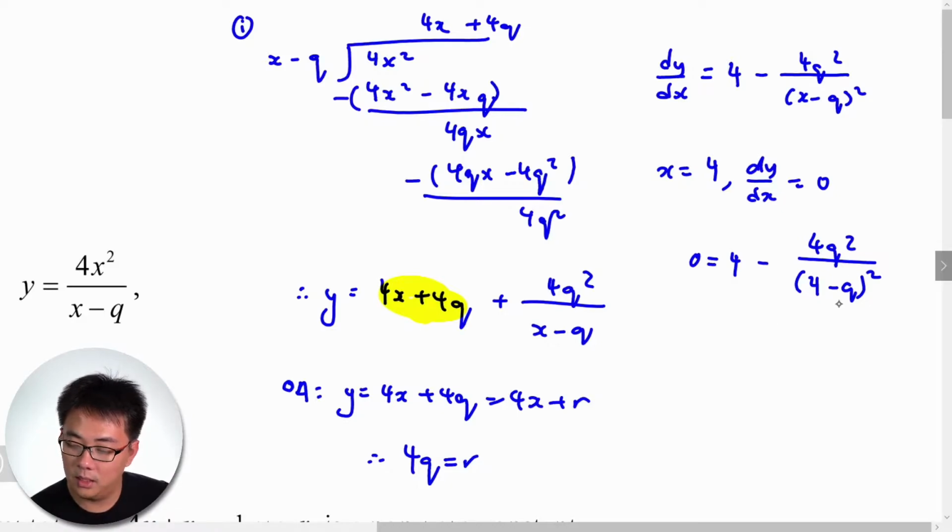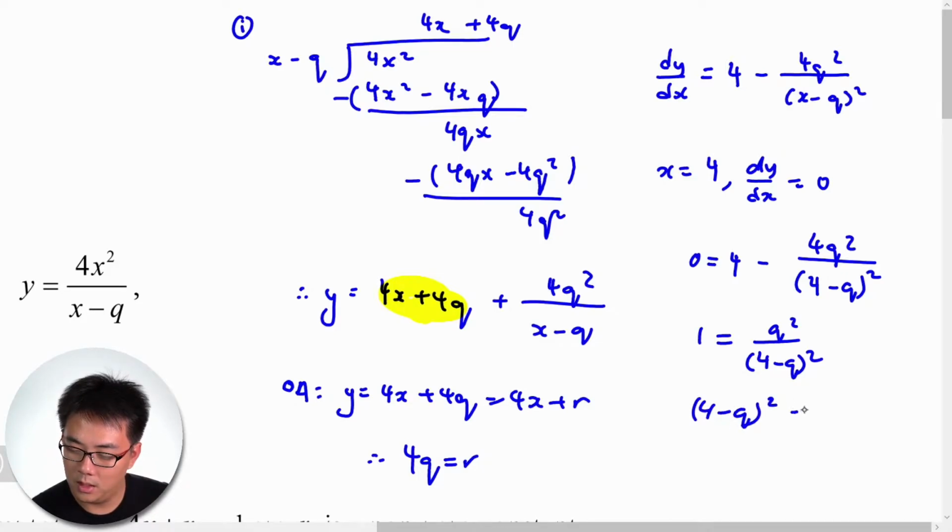Just take note that q cannot be equal to 4 because it renders this expression undefined, but that's not important. So 4 minus q squared equals q squared, that is 16 minus 8q plus q squared.